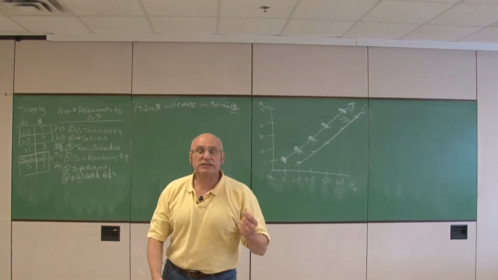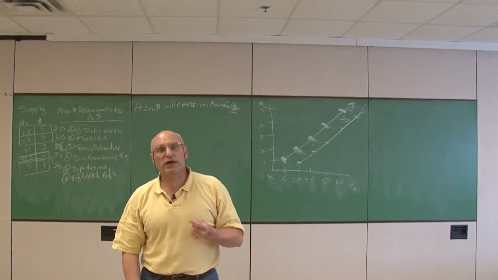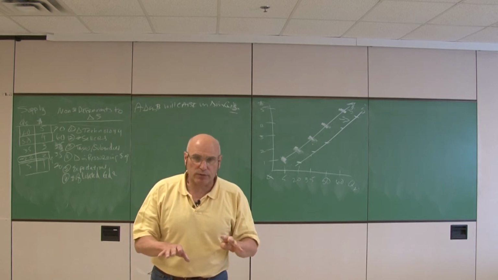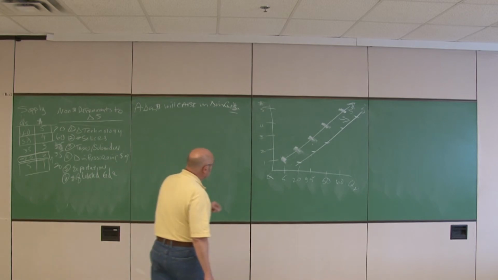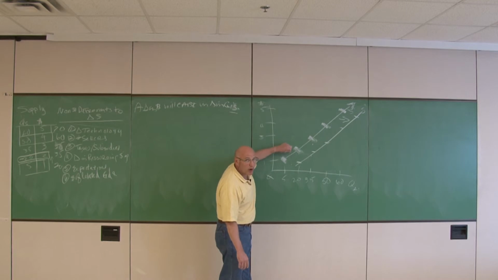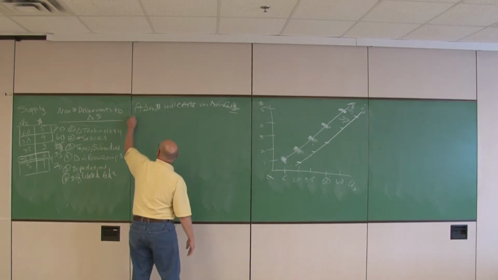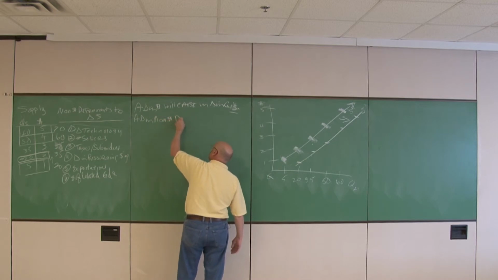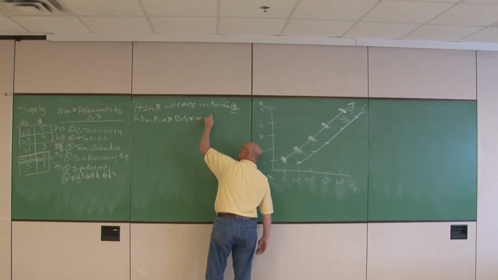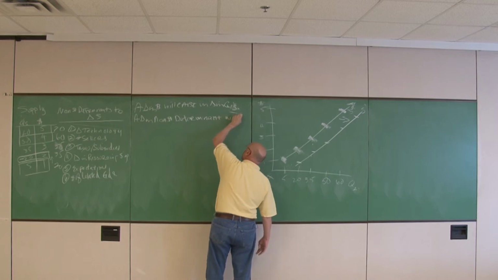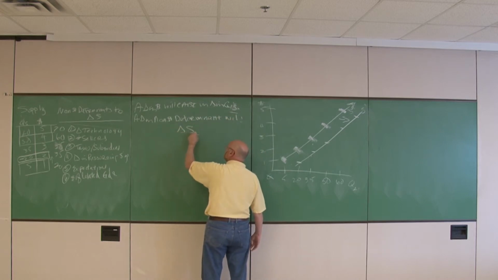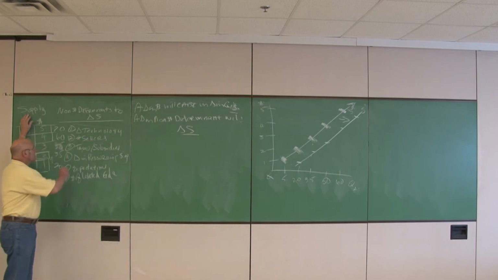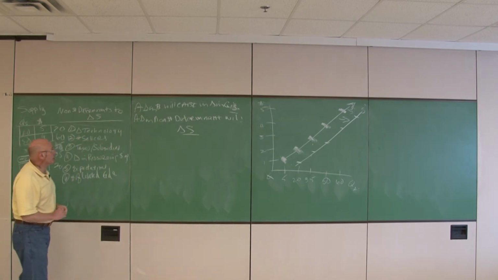Again, these are what we call non-price determinants. Things that cause supply to change not determined by price, because we know that a change in price is going to change my quantity supplied. A change in a non-price determinant will change my supply. And in this case, what you can see is that my supply schedule now has completely changed.